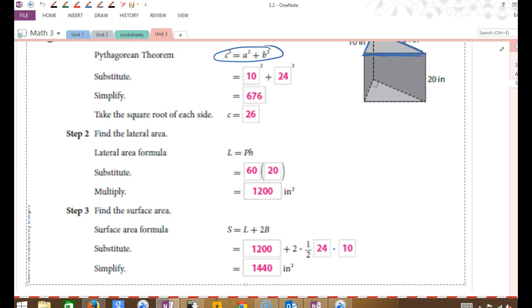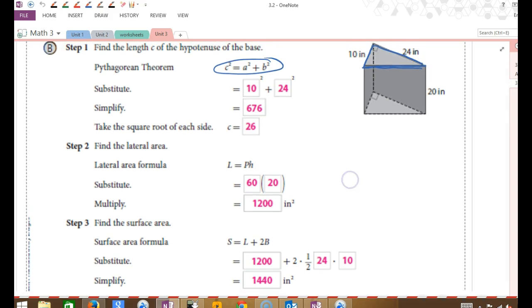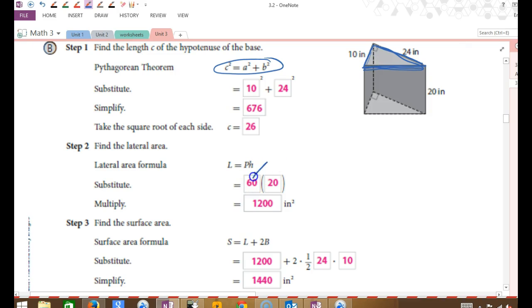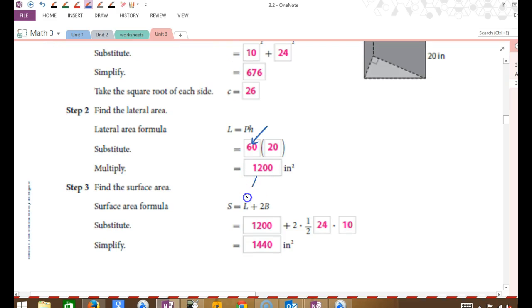Okay, so for step 2, once they have that third side, you can find the perimeter. So the perimeter is 10 plus 26 plus 24, which is 60. And if you do 60 times the height of 20, that gives you your lateral area. Okay, once you have your lateral area, you're going to simply add 2 times the base.